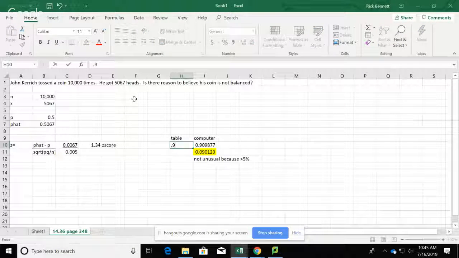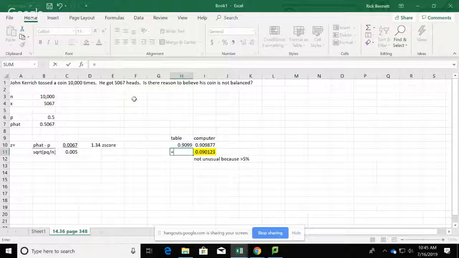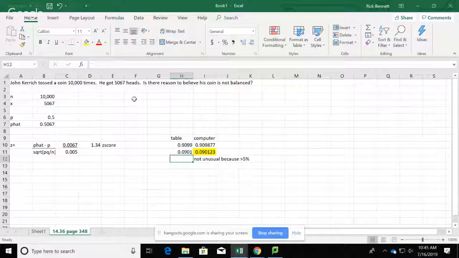Is that the right answer? No. 1 minus that. In fact, to 4 digits, those are identical, right? Yep. So it's not unusual because it's not less than 5%. So there's not evidence that it's not fair.